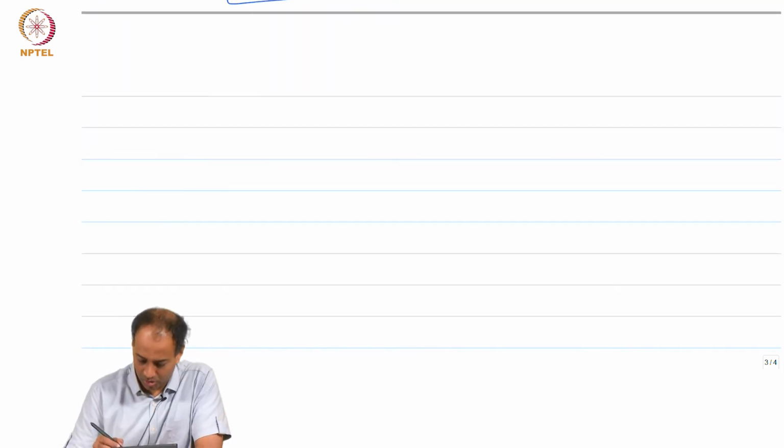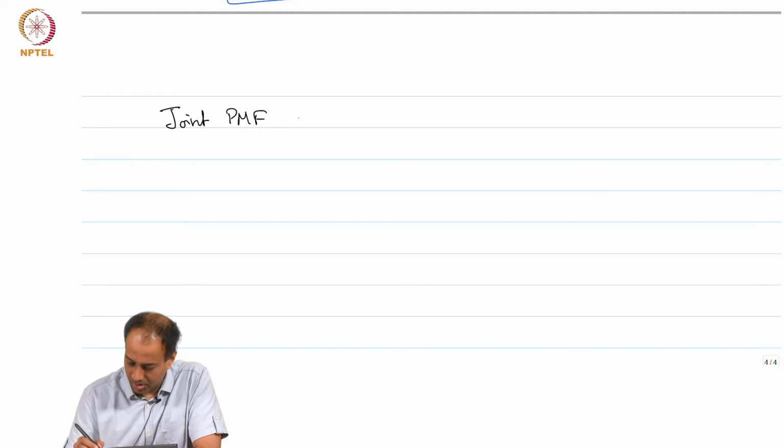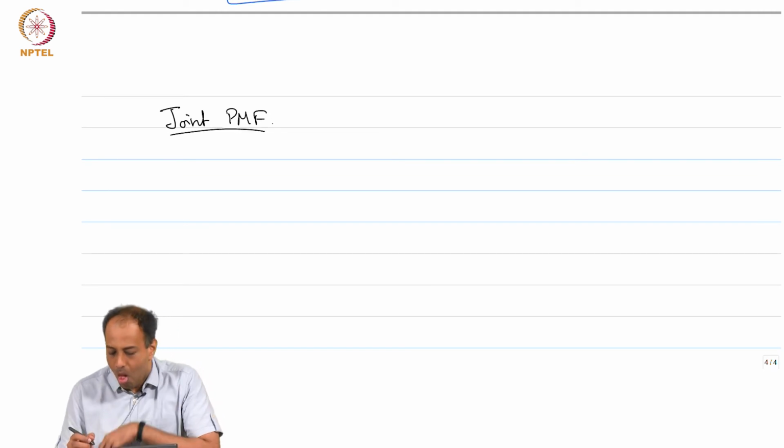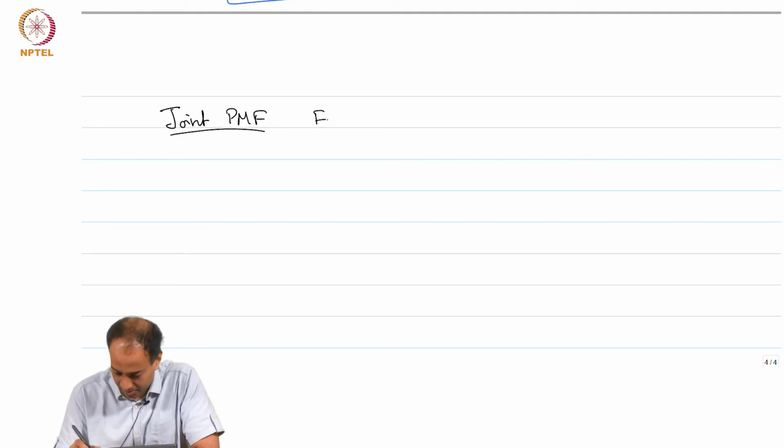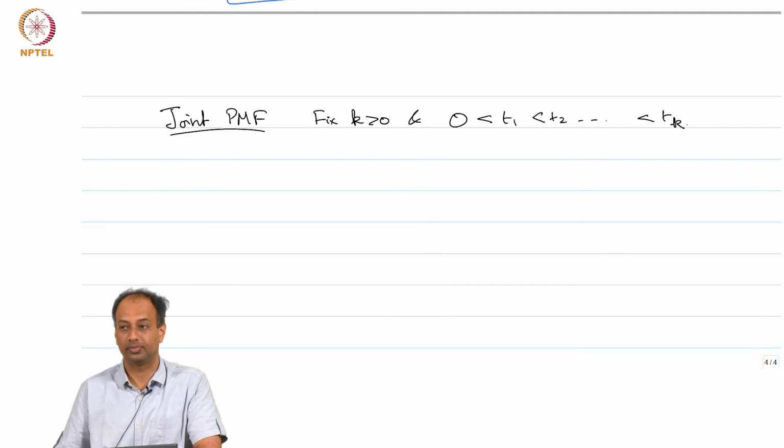Okay. Now, joint distribution, joint PMF. Fix some k greater than 0 and 0 less than t1 less than t2 dot dot dot less than tk.